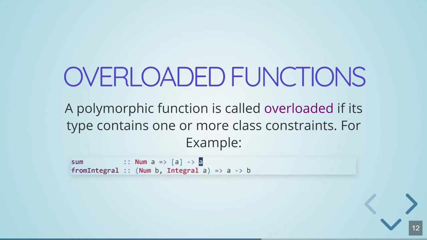However, the most general form of its type has to do with the fact that it uses the plus operator. So the plus operator is part of the num class. So what we do is we write it polymorphically, saying this could be any A, except it has to be an A that is part of the num class, that has an instance of the num class.